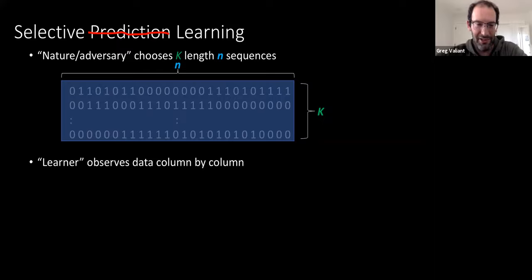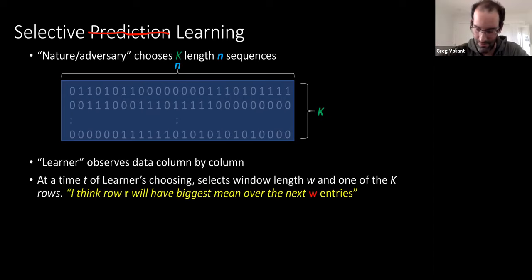And then again, the learner is going to observe data columns one at a time. So the first day, we observe the first value in each of these rows. The next day, we observe the next ones, and so on. And as before, at some time point of the learner's choosing, we're going to say, I'm ready to make my prediction.